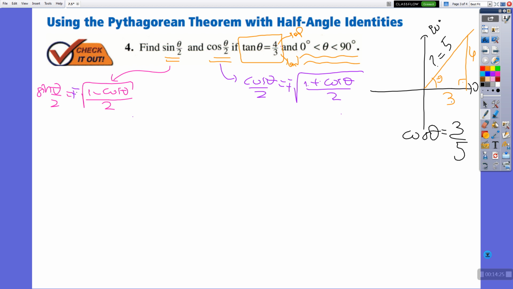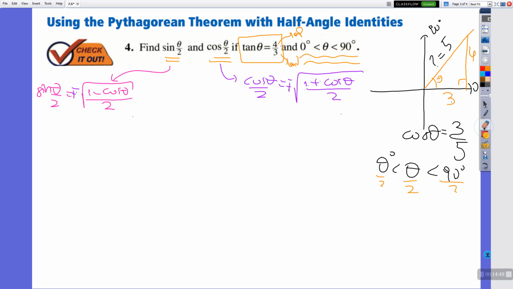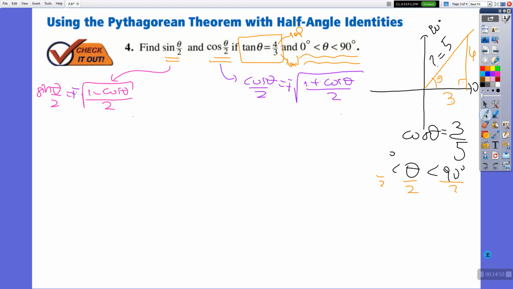What can you say about the sine of theta over 2? Theta is between 0 and 90. So what about your theta over 2? You divide them all by 2 to see where it is. 0 over 2 is 0, less than theta over 2, less than 45.